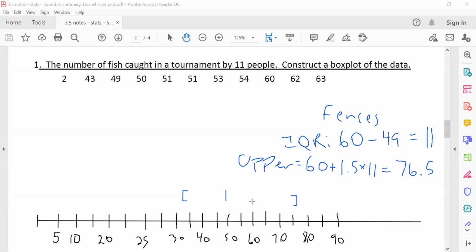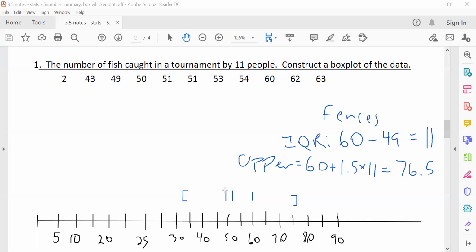Then I'm going to go to the third quartile, which was 60, and put a vertical bar above it. Then I'm going to go to the median, which was 51. So this is going to be a very tight box and whisker plot.